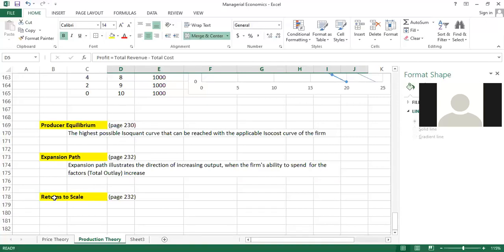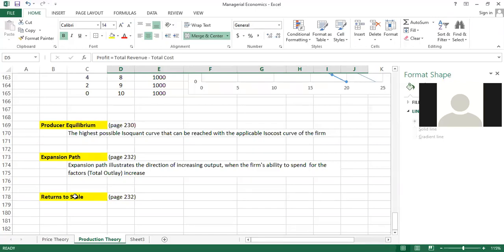What is the return? What is the result? What is the output? Is it, sir, similar to economies of scale? Actually, economies of scale and returns to scale are very related concepts, right? That's a very useful point. What is the meaning of economies of scale?